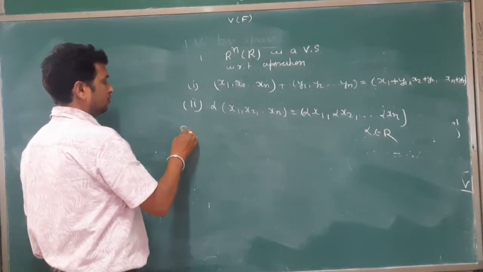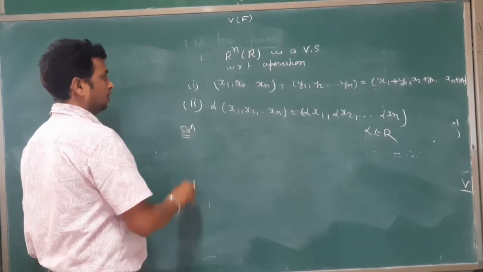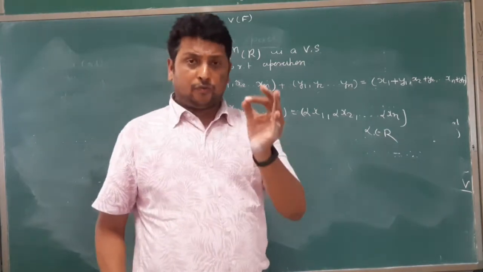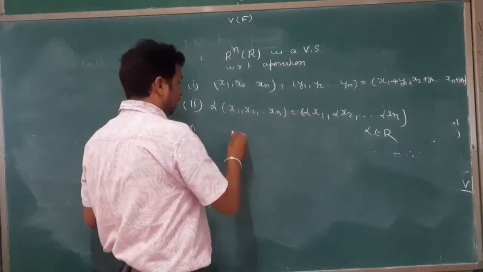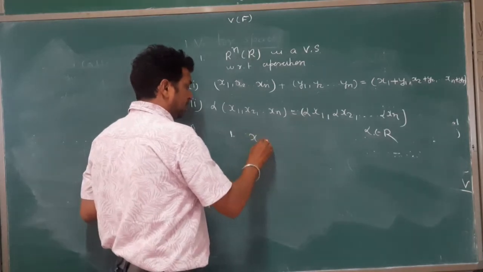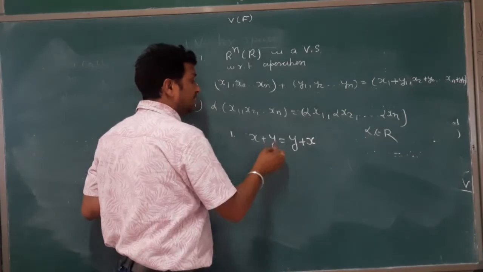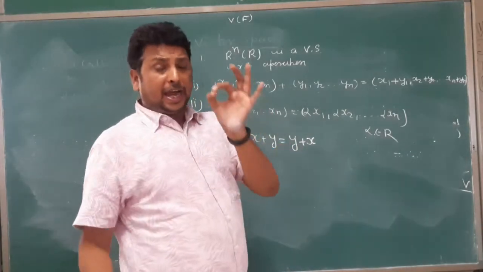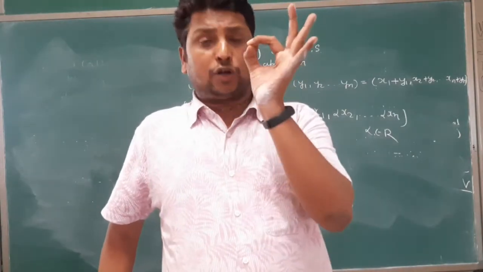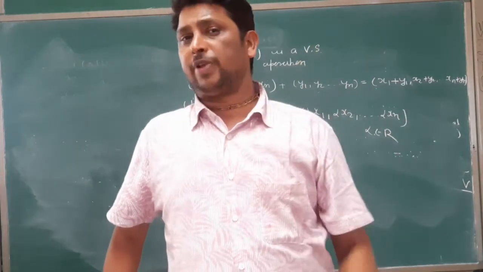How do we solve it? See, I already told you, the first one: x plus y is equal to y plus x. It is obvious because this is addition, and addition always satisfies the commutative law and the associative law.